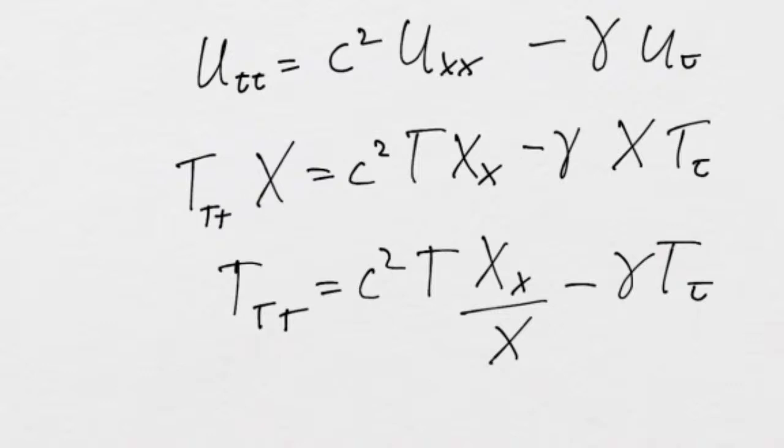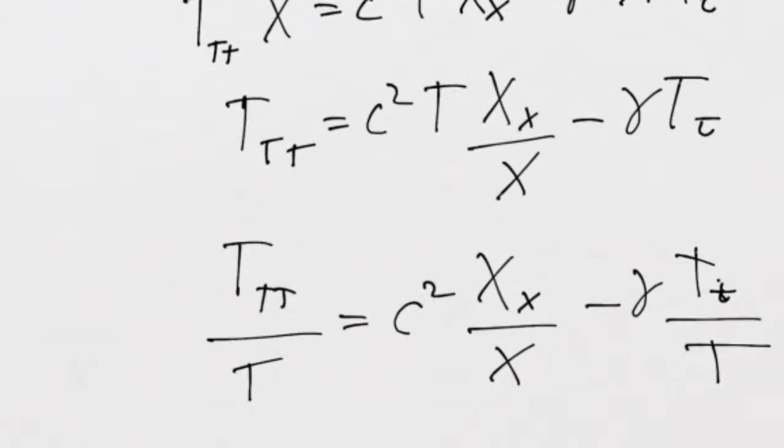And then divide by T, and you get T double prime over T equals c squared X double prime over X minus gamma T prime over T. Okay, and this is where everything separates, so we end up with T double prime over T plus gamma T prime over T equals c squared X double prime over X. Am I missing a derivative on X?